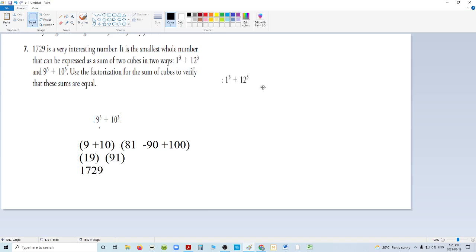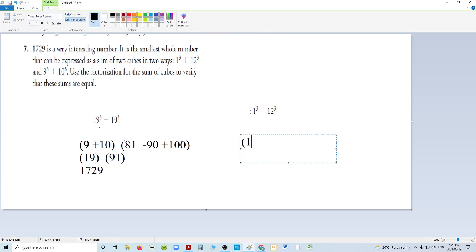Let's look at their other one. This is a sum of cubes again. What is the cube root of the first term? 1. What is the cube root of the second term? 12. What is the first term squared? 1. Subtract, what's the first term times the second term? 12. What's the second term squared? 144. What's 1 plus 12? 13. Times, what's 12? 144 minus 12 is 132, and plus 1 is 133.